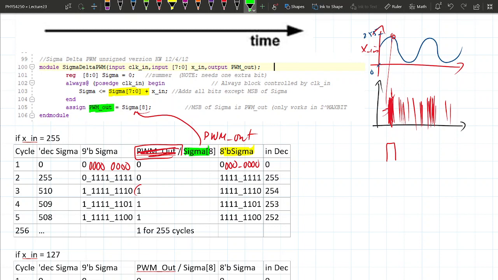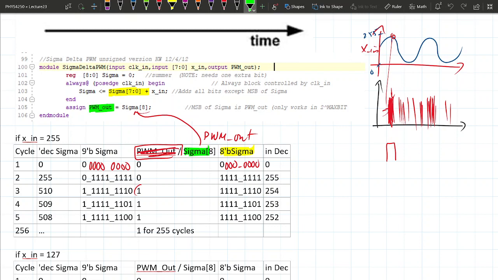And the next time it goes around, the value you get by cropping off the last bit is 252. This is going to happen for 255 out of the 256 cycles, until basically this number gets to 0. You start counting from 255, you get to 0. When you get to 0, you don't pulse high anymore.